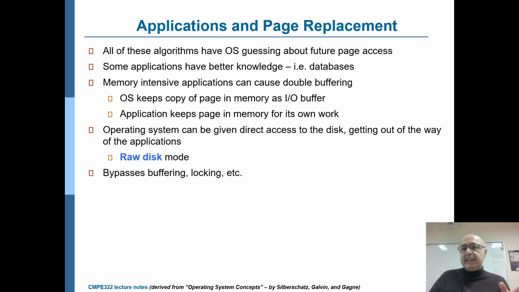So wherever they are stored on the disk, it knows that if you access this one, because of the database relationships, these two pages will also be required. So the database has a better knowledge of the relationships between the pages.